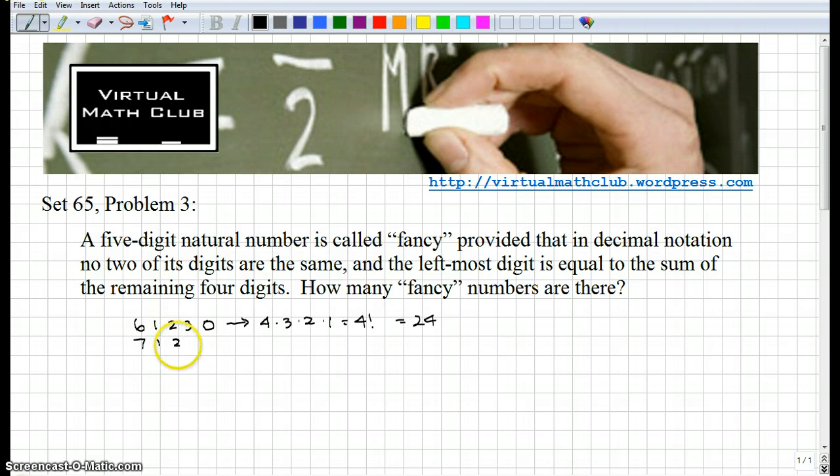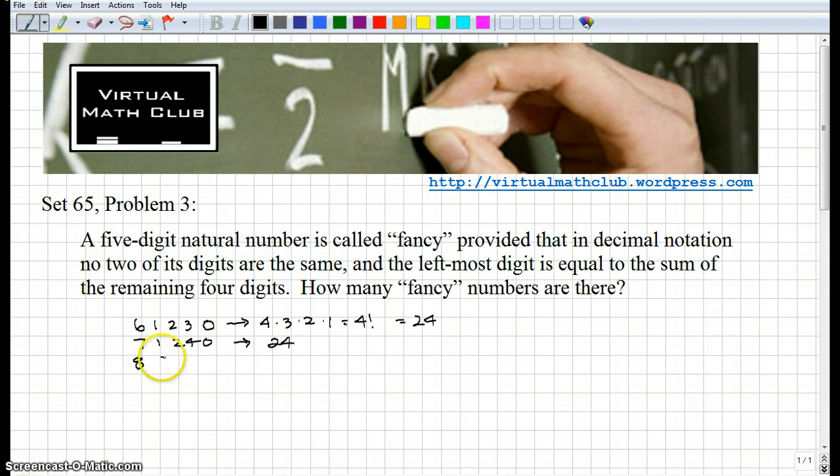Well, we could do 1, 2, 4, and 0, and that's really the only set that works, because if I made this a 3, then I'd have to have another 3, or I'd have to have a 1 and a 2, and without repeating any digits, these are the only unique digits that will add up to 7. Again, we can rearrange these last 4 digits any way we want, and we'll have 4 factorial ways to arrange them, which is 24. So there's 24 of these as well.